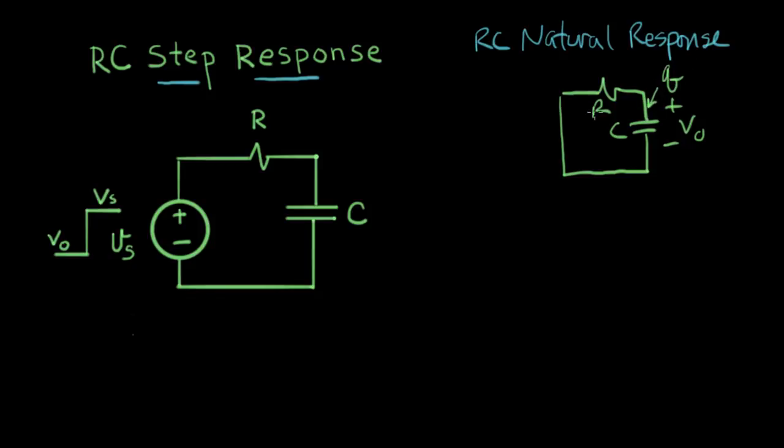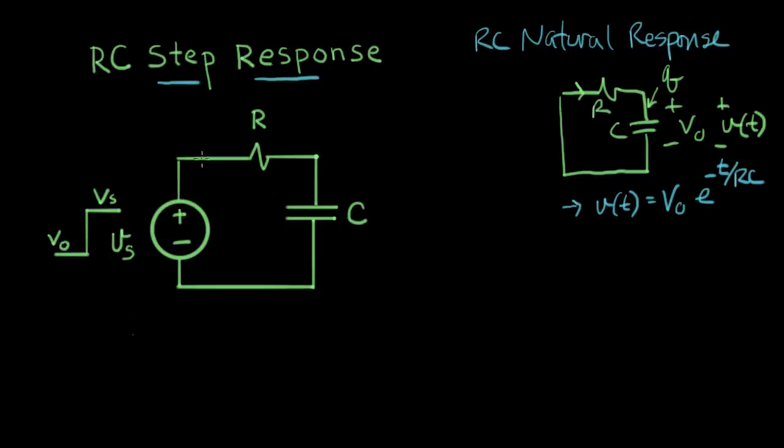And we worked out what's the response of the current here, and what's the response of the voltage V of t across this capacitor. And there we found that V of t equals V naught times e to the minus t over RC. So this is the natural response of an RC circuit.